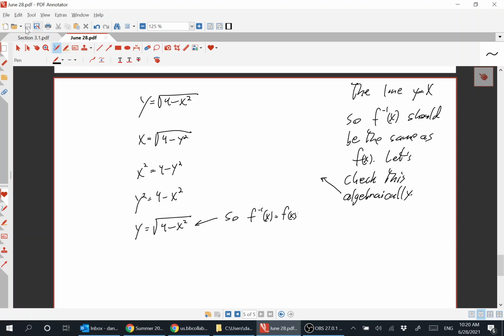So those are just a few problems here in this section. As far as finding inverse functions of various functions, these are the important ones that come from polynomials and square roots and such.